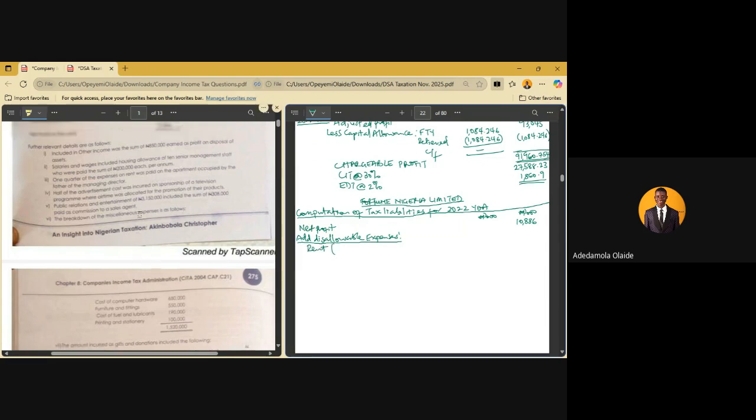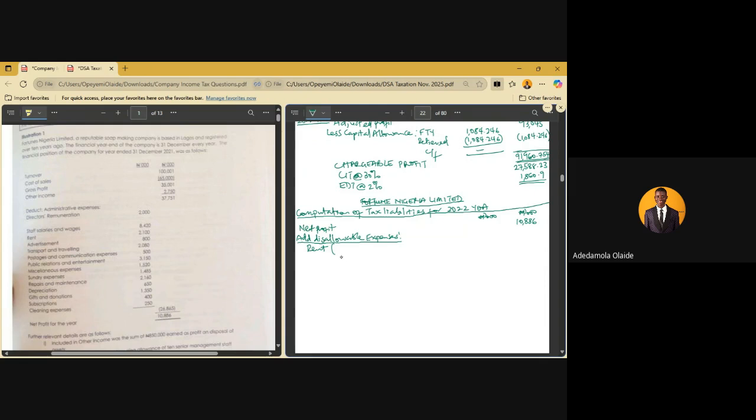The next one: one quarter of the expenses on rent was paid on the apartment occupied by the father of the managing director. That means the rent expense is not exclusively for the business. So one quarter of how much the rent is, 2,100, will give us how much?